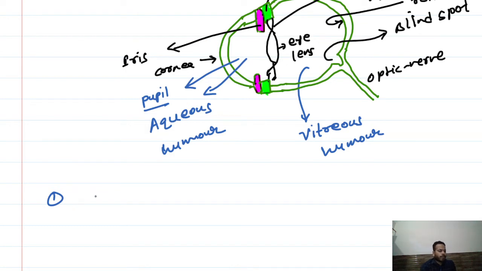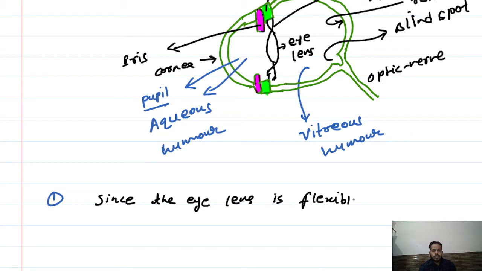So let us write the first point, then it will be clear. Since the eye lens is flexible, it can change.